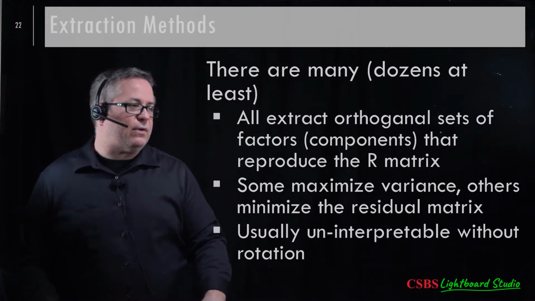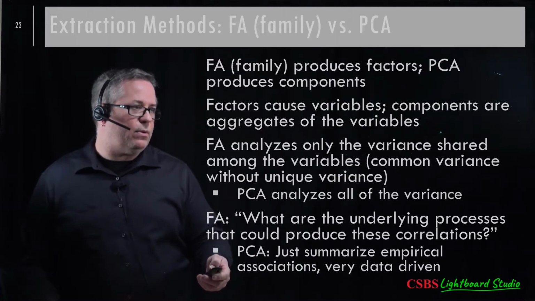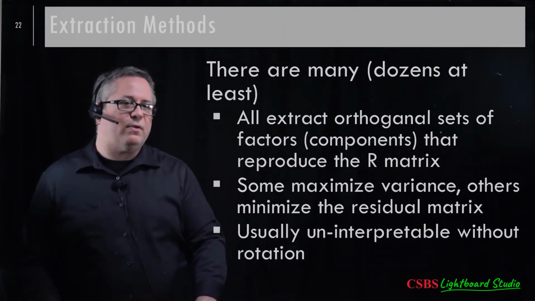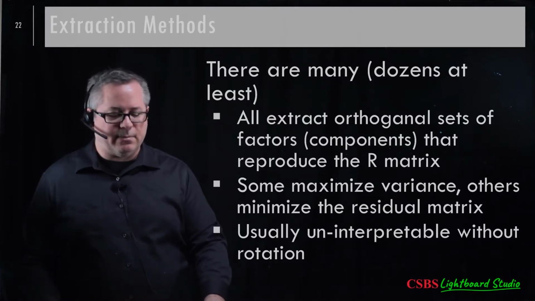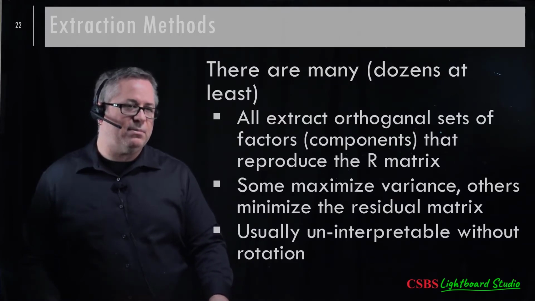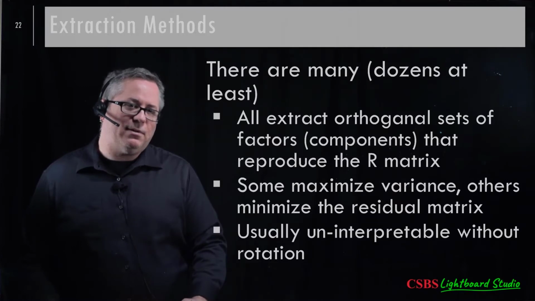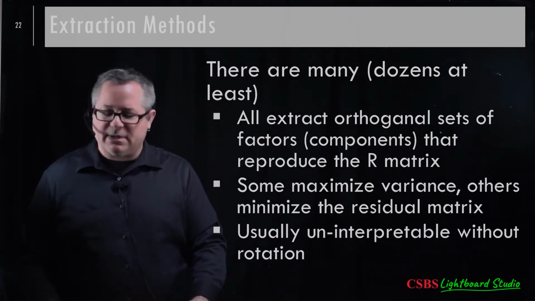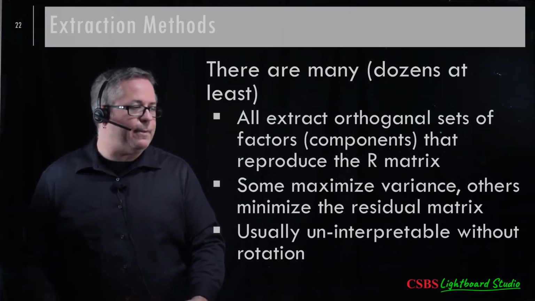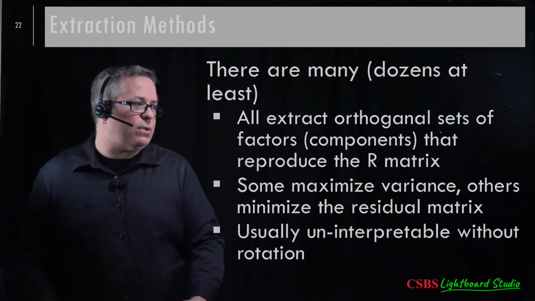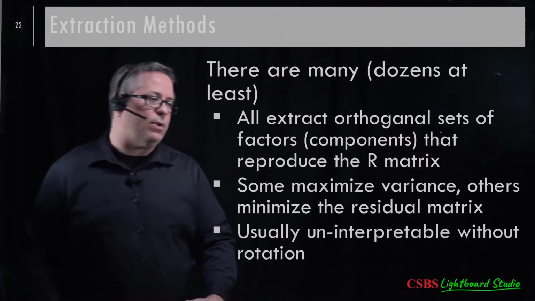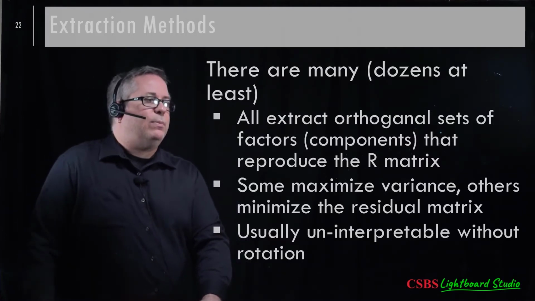Okay, so let's talk about extraction methods, and this is more of the same idea, beating this dead horse, hitting the same nail over and over again. There are dozens at least, and in SPSS I think they give you maybe 8 or something like that. All extract orthogonal sets of factors or components, if you're using PCA, that reproduce the R matrix.